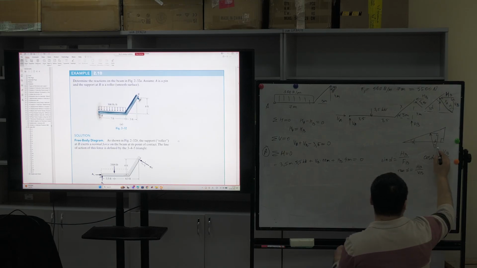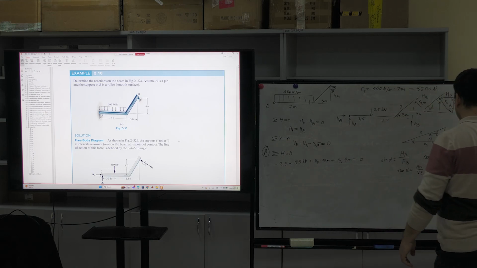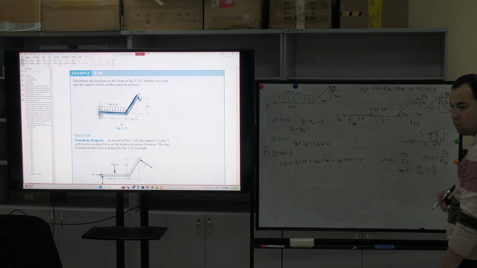If this is alpha, this is x, this is 3, it is 4 divided by 3. Yes? Anything wrong?